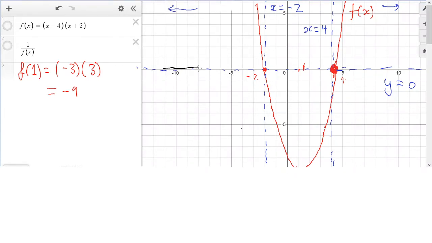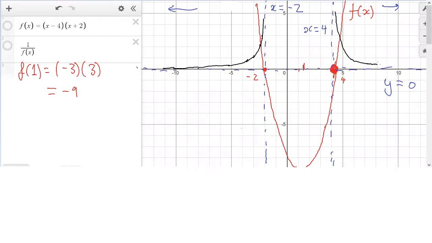So try not to have your graph cross your asymptote. And then as we get towards that intercept, our y values are getting really small in fact, so this is going to asymptote up that way towards the other asymptote. And then we just get something over here that looks really similar.